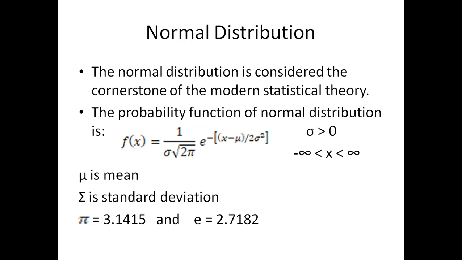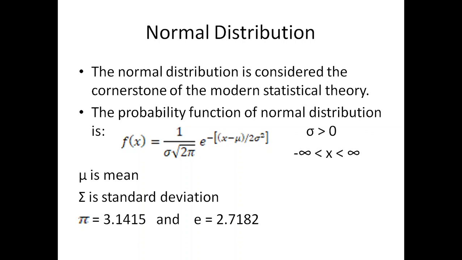Distributions, and now we are going to discuss continuous probability distribution. There are many continuous probability distributions, but in your course we'll just discuss the normal distribution, which is a very important distribution. The normal distribution is considered the cornerstone of modern statistical theory.